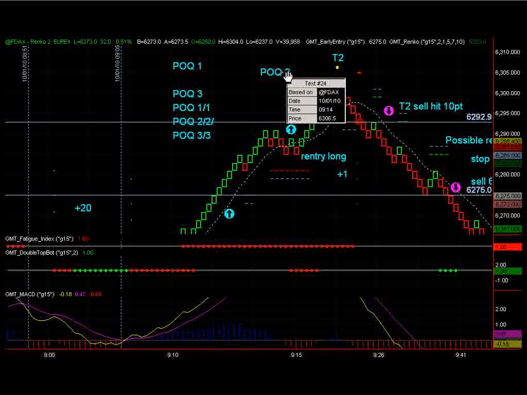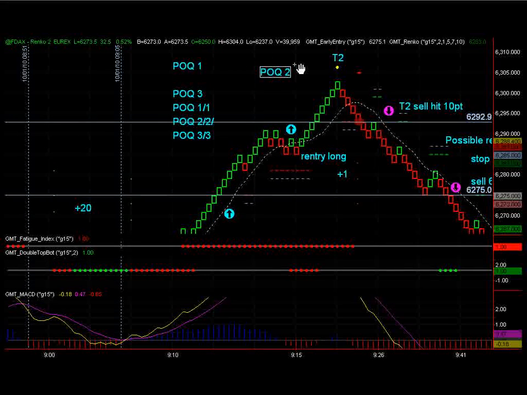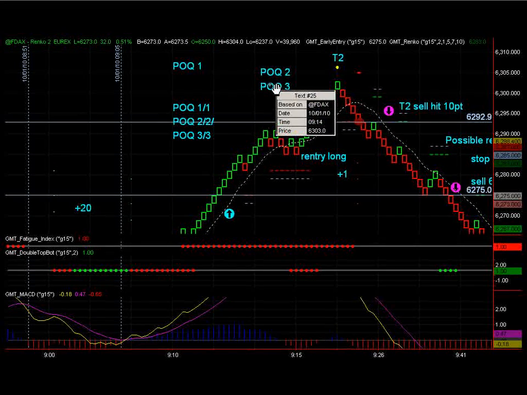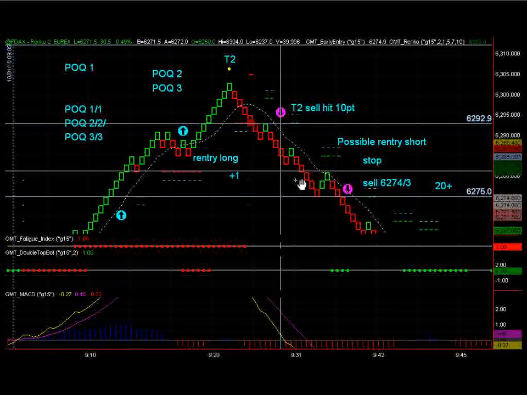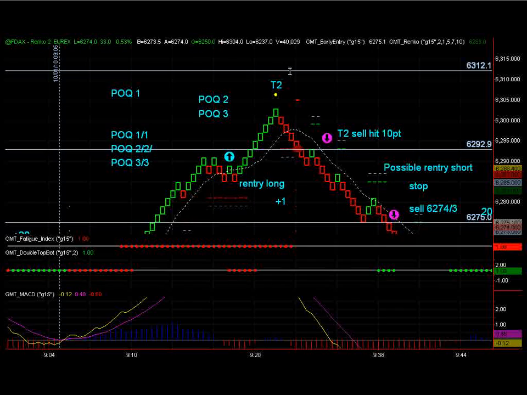But this was definitely the most profitable strategy, power of quitting 2 or power of quitting 3, because you would have been taking all setup trades. All setup trades would have been the most profitable today.